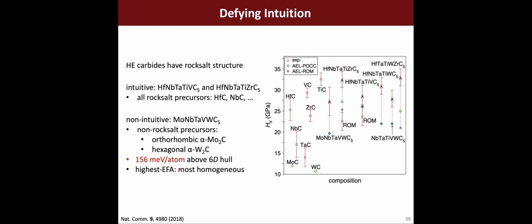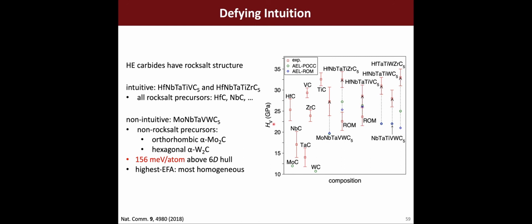Another point I want to make is that we looked at the hardness values for these materials. Let's say I asked you, what is the hardness value for this high entropy system? One way to predict it is to look at the hardness values for all the precursors, hafnium carbide, niobium carbide, tantalum carbide, and take the average. This is called the rule of mixtures.